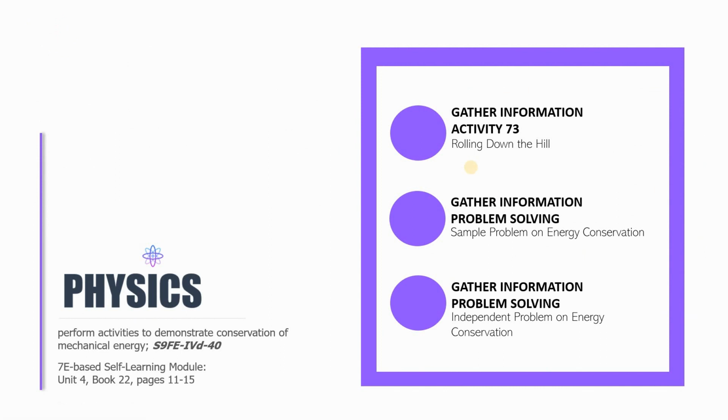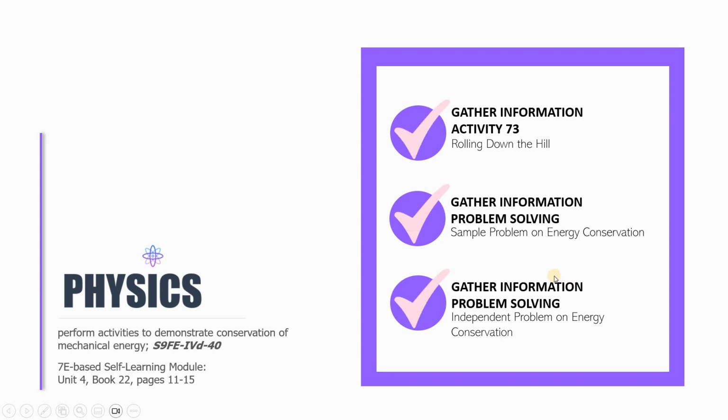In this session, we were capable of finishing the following parts: gathering information on Activity 73, rolling down the hill, and then we did a collaborative sample problem solving on energy conservation and transformation. And then we gave you an opportunity to test your own understanding of the process of solving problems on energy conservation through the last part.